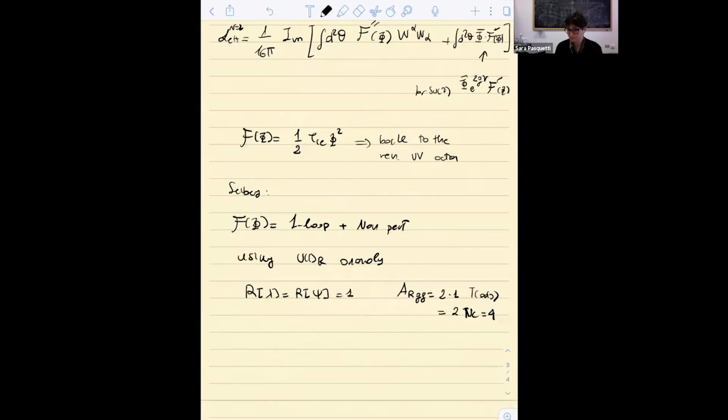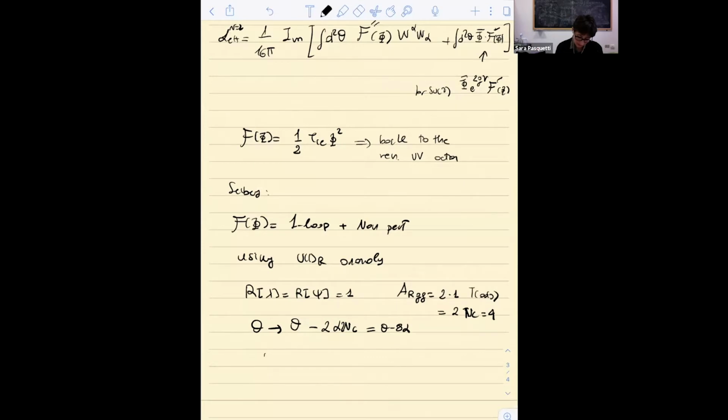So this is a non-zero anomaly, which produces, as we know, a shift of the theta angle. In this case, the shift is by 8 alpha.